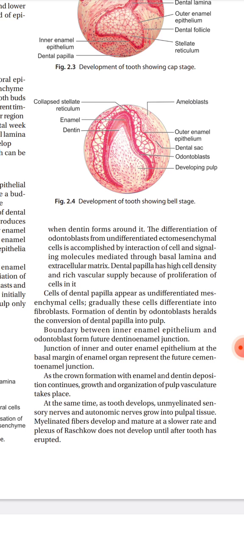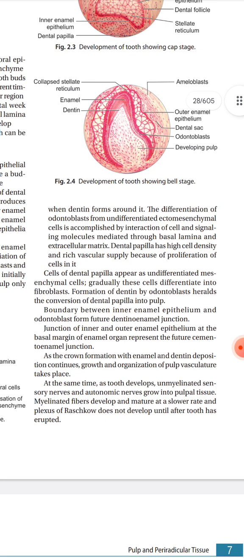The boundary between inner enamel epithelium and odontoblasts forms the future dentino-enamel junction. The junction of inner and outer enamel epithelium at the basal margin of the enamel organ represents the future cemento-enamel junction. During crown formation with enamel and dentin deposition, continuous growth and organization of pulp vasculature take place.